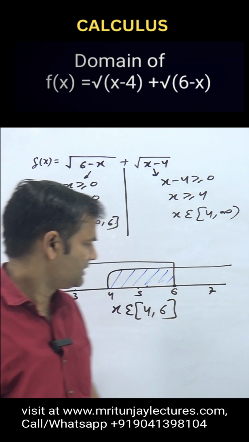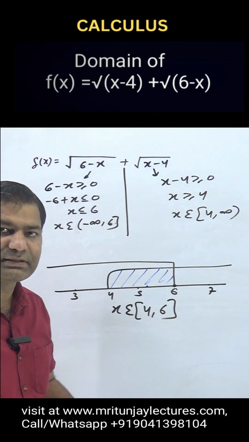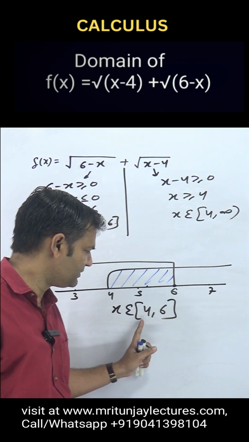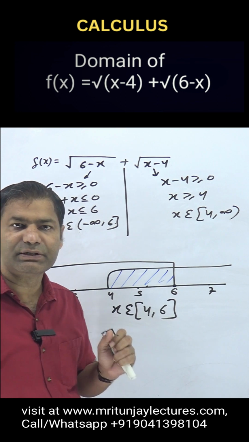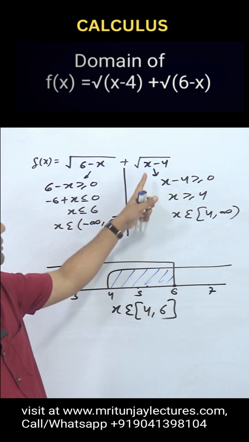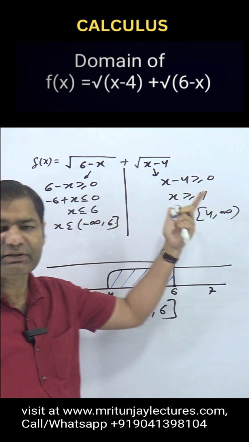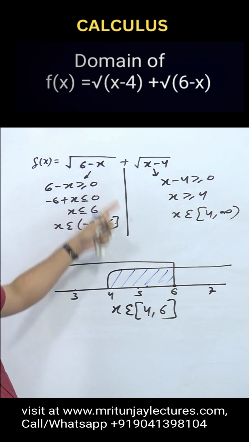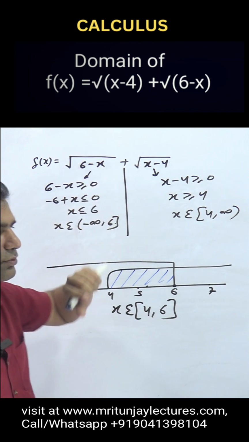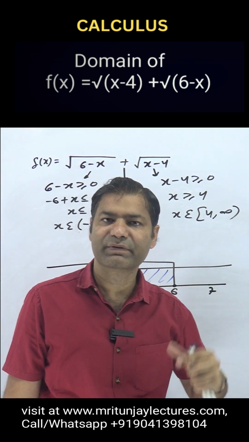Clear or not? Now select a value between 4 and 6, including equal to 4 and equal to 6. If you put 4 here, 4 minus 4 is 0, which is defined, under root 0 is 0. And if you put 6 here, 6 minus 4 is 2, under root 2 is also defined.